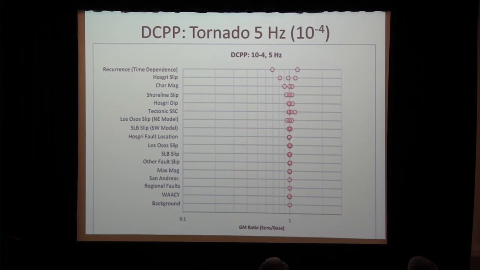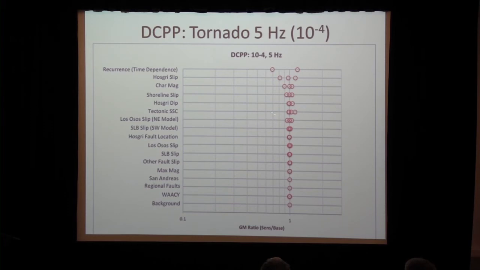The Hosgri slip location, you don't get much variation. As you start moving up now, you're starting to see a little bit of a dispersion between the 3 cases. These are 3 points because I'm running a middle, upper, and lower value. So I get 3 points here. You can see this is the San Luis Bay slip rate and the Los Osos slip rate for the 2 different tectonic characterizations of those slip rates.